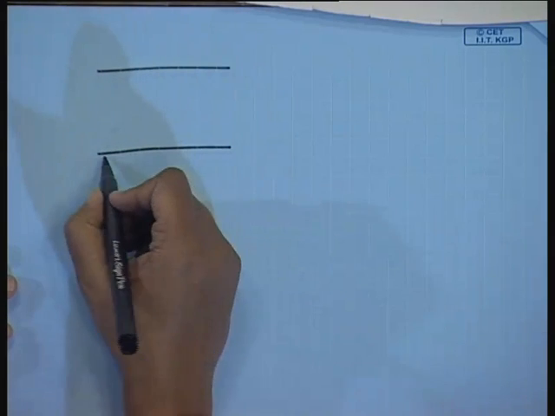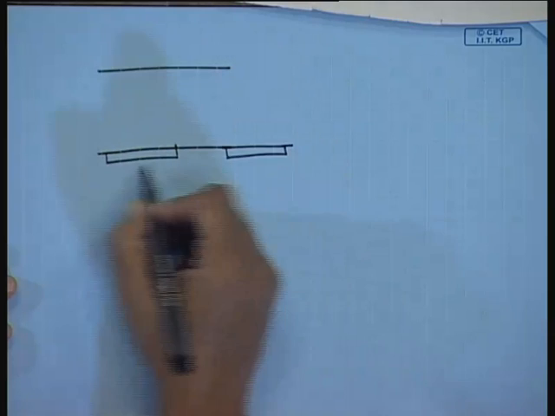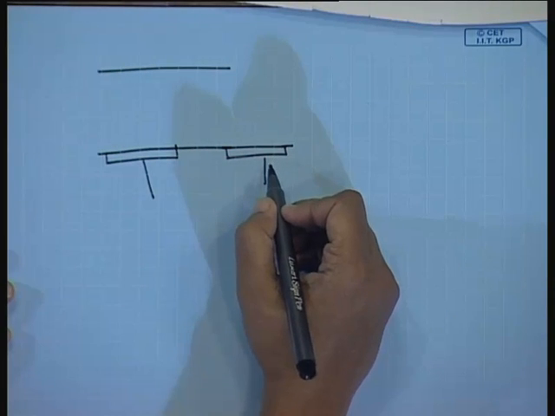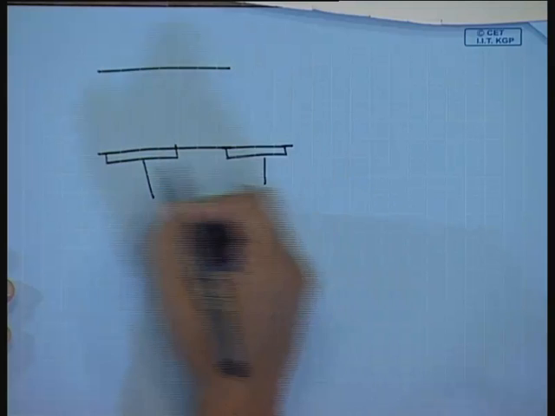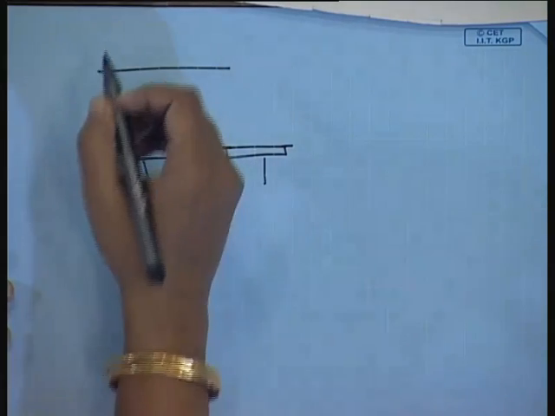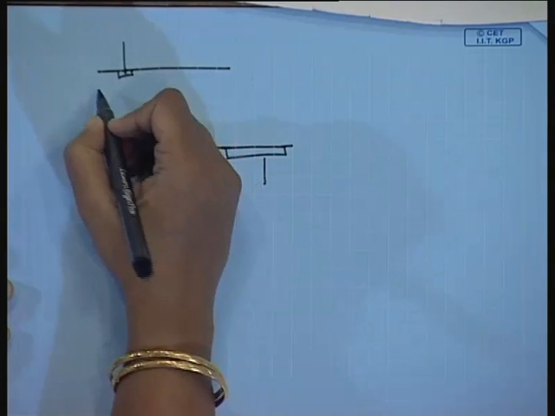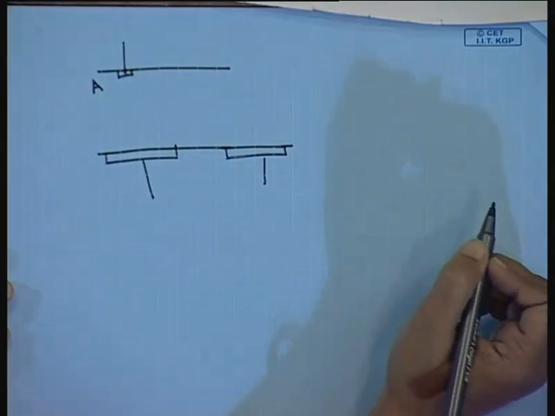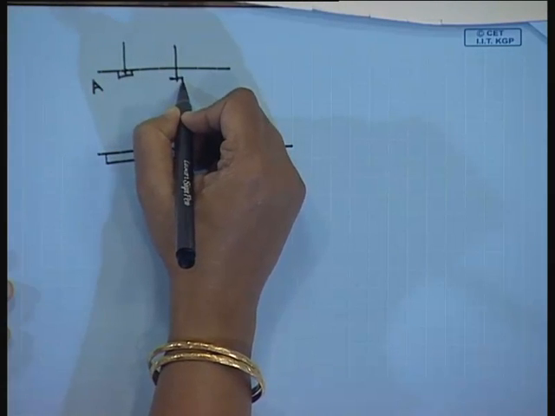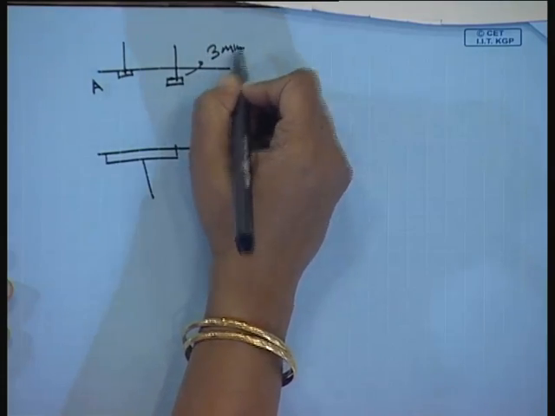What they did was, they used two flat plate electrodes as one particular electrode of the probe, and they were just mounted on the wall. What about the other electrodes? One electrode was flush mounted with this wall, say this is A. There was another electrode which was just inserted about 3 millimeters from the wall.